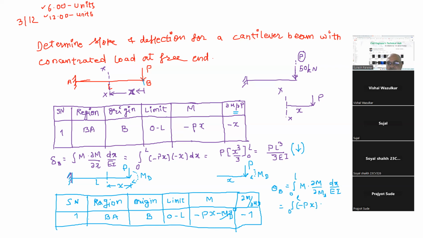Value of ∂M by ∂Md will be minus 1, dx upon EI. If you integrate it, you will have Px square by 2 from 0 to L, and you have theta B equal to PL square upon 2EI.